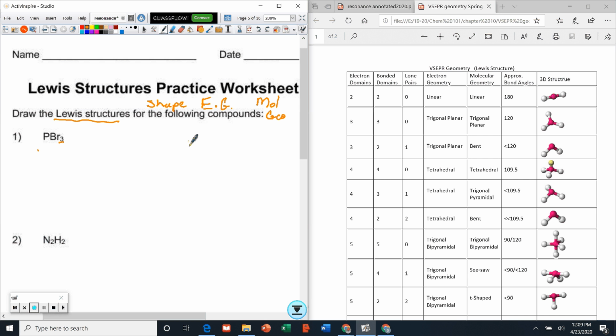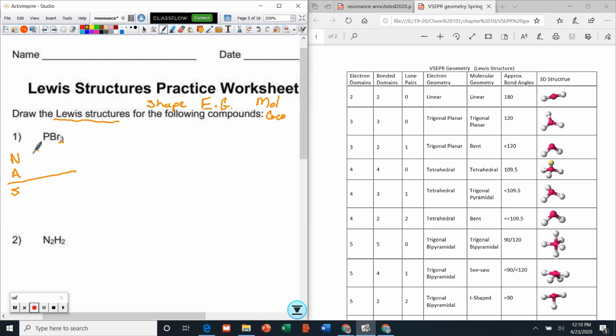Go back, look at your notes for the steps for drawing the Lewis structures. There's different ways you can do it. You can do just the available electrons, draw the skeleton, or I like to use the needed, available, shared method, because it helps with getting the right number of bonds.